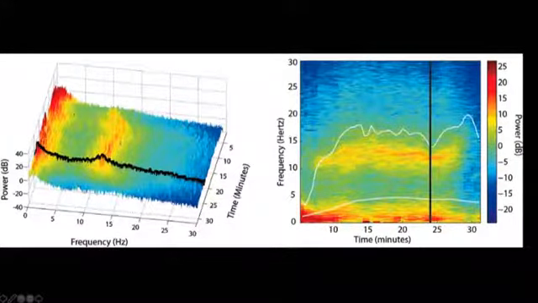We can transition this three-dimensional plot to a two-dimensional plot where the horizontal axis is time. This left vertical axis gives you the frequencies, and this axis over here shows you the power from the cool, low power, to warm, high power color scheme.